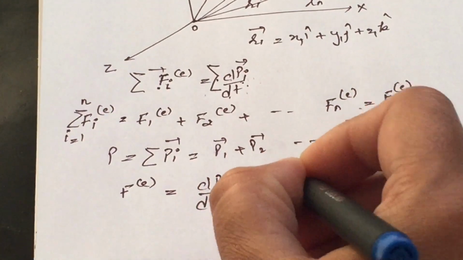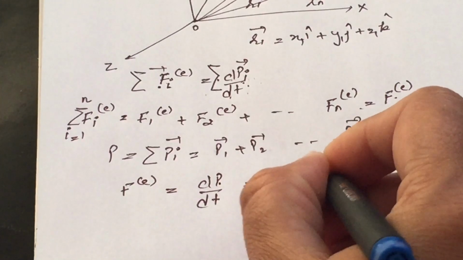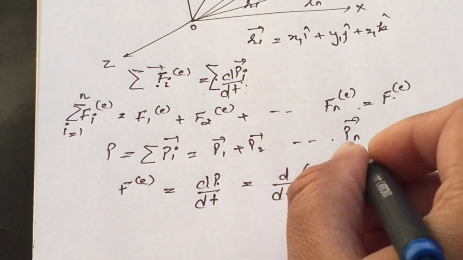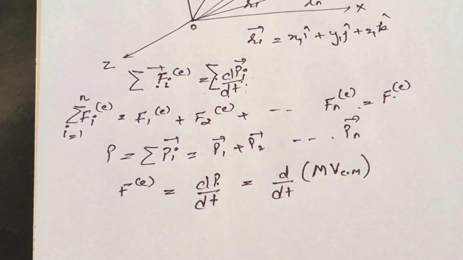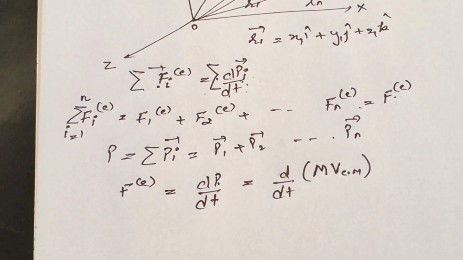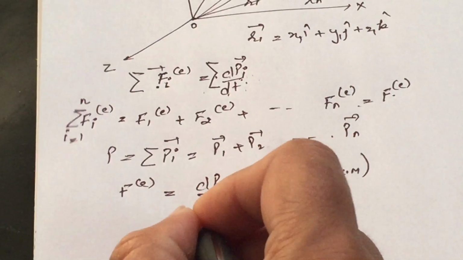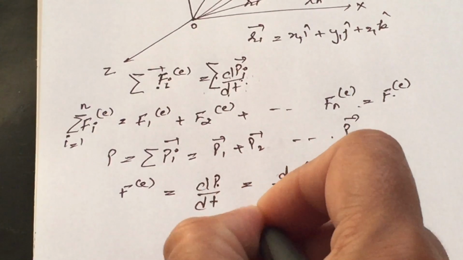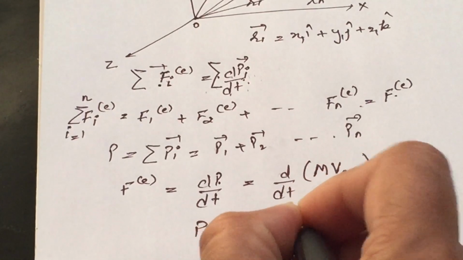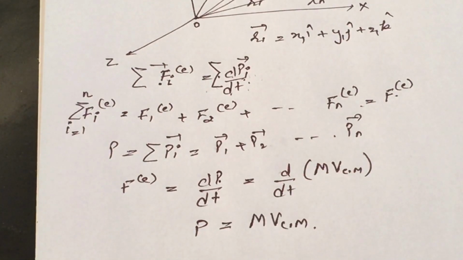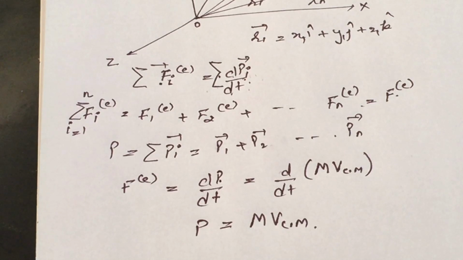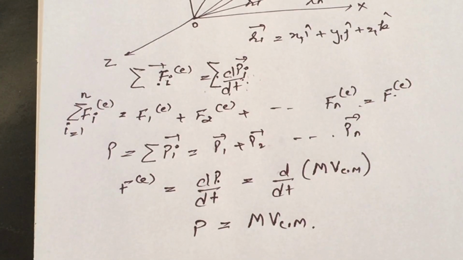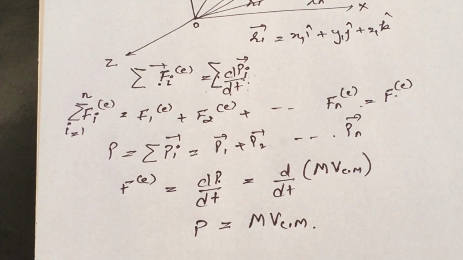This can be represented as d upon dt of capital M and capital V, with subscript cm, where cm represents the center of mass. It means the total momentum of the whole system can be represented as the momentum of the center of mass, where M is representing the total mass of the system and Vcm is representing the velocity of the center of mass.